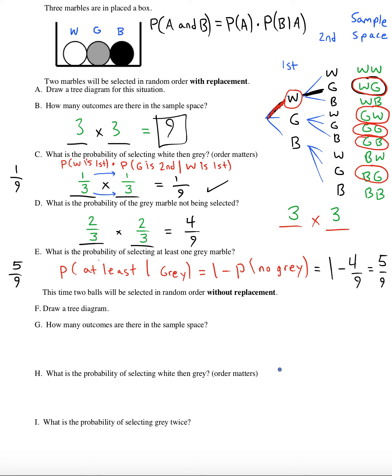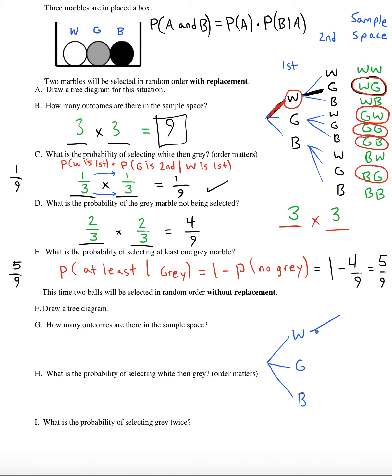All right, so next I'm going to do a tree, this time without replacement. On our first pick, we could get white, gray, or black. But once we do pick this one out, we're not going to replace it.